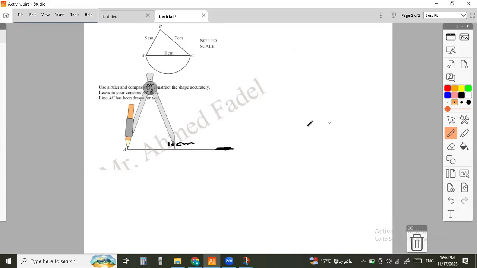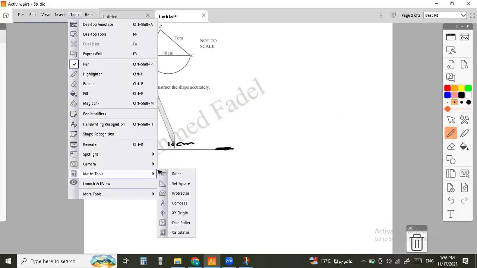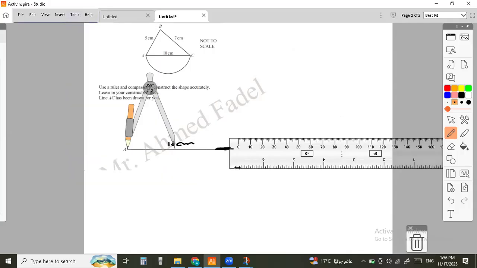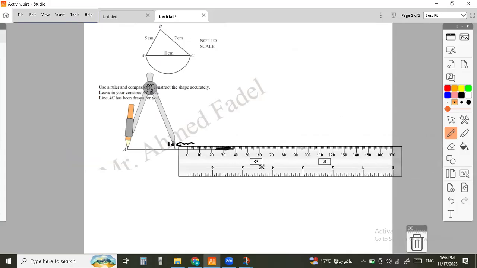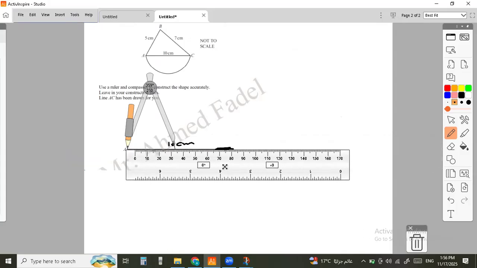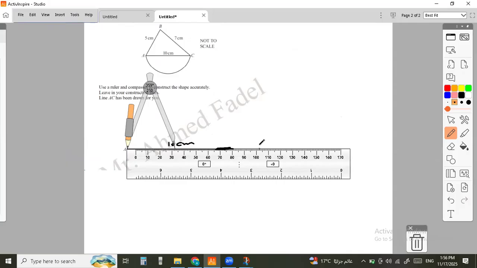Here, I don't know how big this line is. My line definitely here is not 10 centimeters at all. So I need to make it 10 centimeters. Here you go, 10 centimeters. I made it 10. Good.